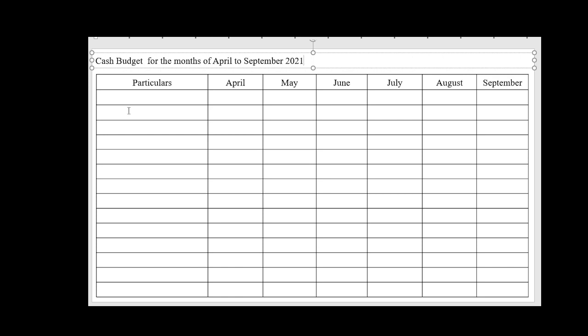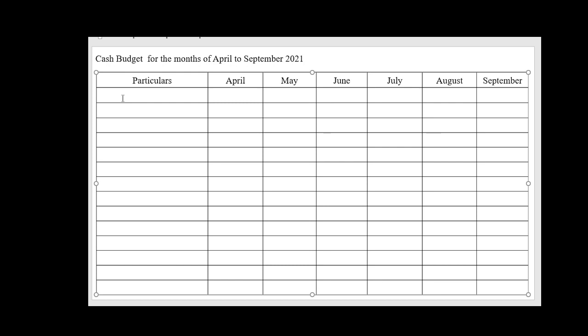Now there is a particular format that you need to follow. First will be the cash that the business has at the beginning of the month, so the opening cash balance. Then we will sort out all the cash receipts, and then look into the cash payments. So we'll first write the opening cash balance.